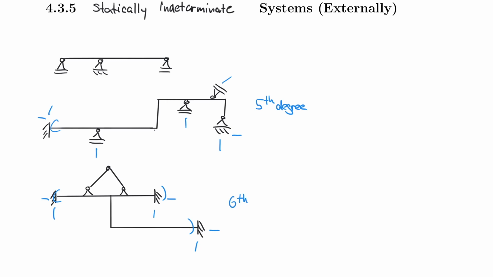And I want you to understand that all these systems here are statically indeterminate due to their support reactions. And support reactions are technically external forces, and so therefore we call this system externally indeterminate, right?